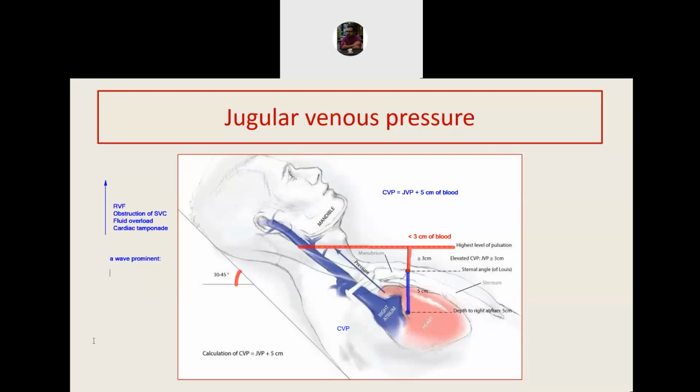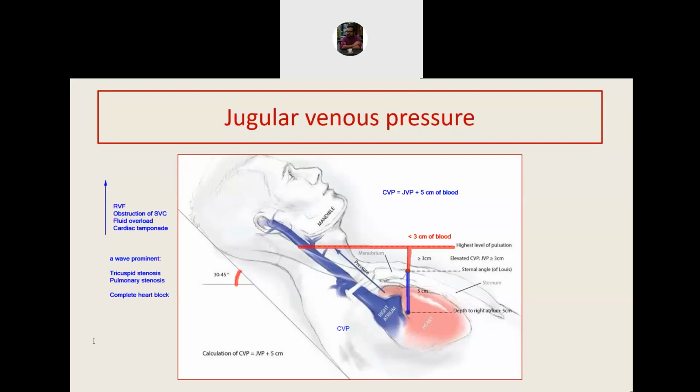For example, in early stages of tricuspid stenosis, in pulmonary stenosis, you can get a prominent A wave. A wave can become very, very high in complete heart block, where accidentally the ventricle and atrium can simultaneously contract.